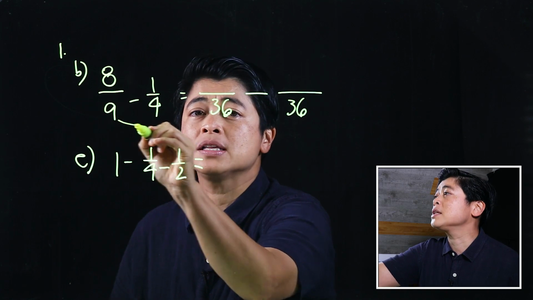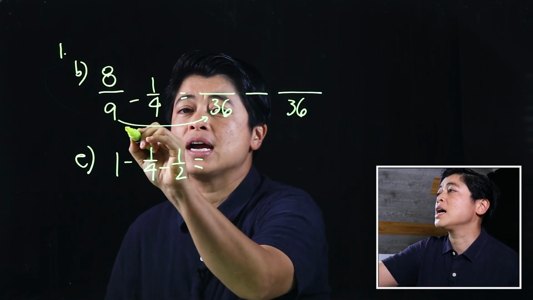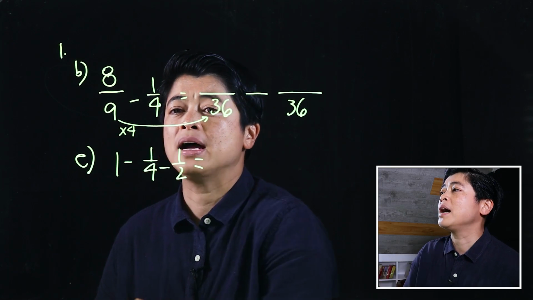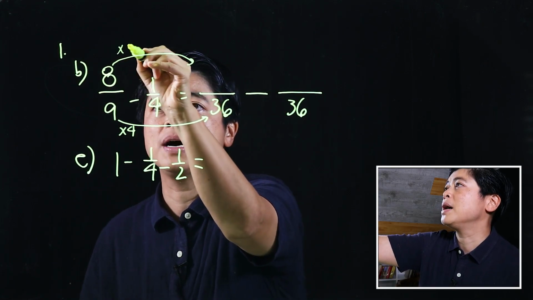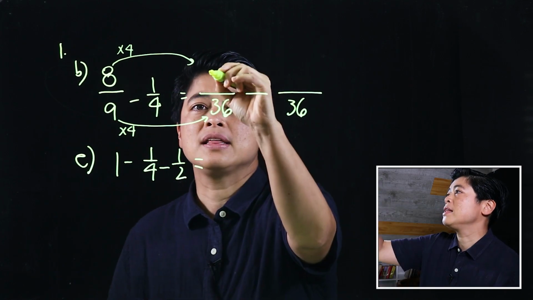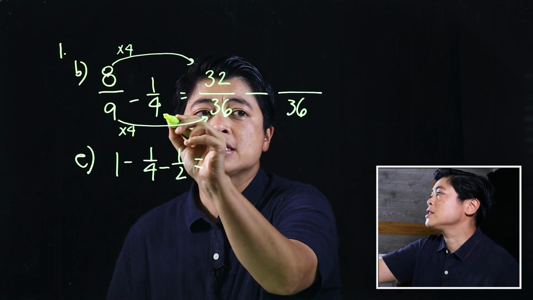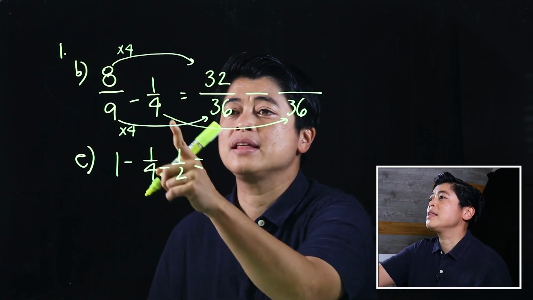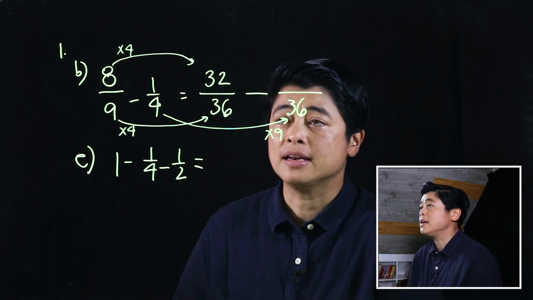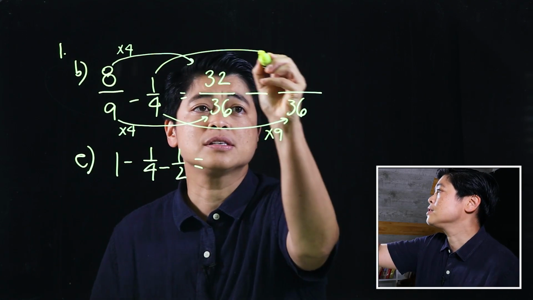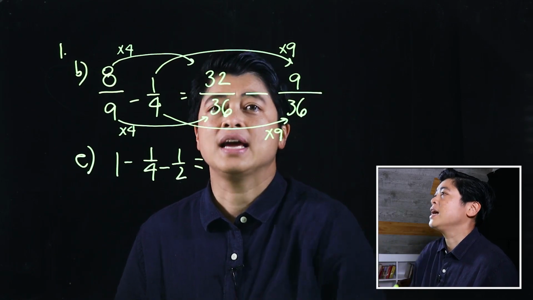So to make 9 into 36, I know I need to multiply by 4, which means I also need to multiply this by 4, making this 32. In the next fraction, to make that a 36, I need to multiply by 9, which means I also need to multiply this by 9, making that 9.